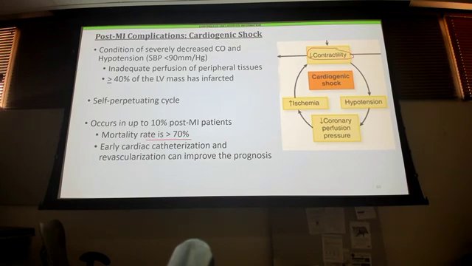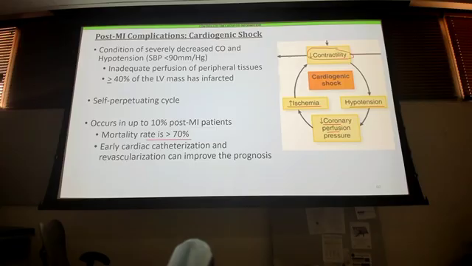That then generates a lower cardiac output, which then leads to hypotension, which then, remember, diastolic blood pressure is what perfuses your coronary arteries. That hypotension then leads to decreased coronary perfusion, which then means my supply is affected again.